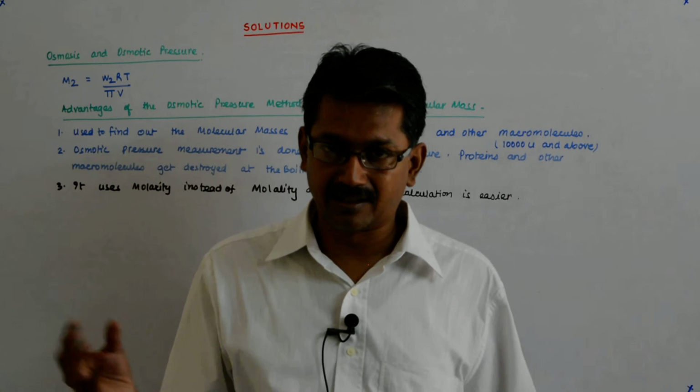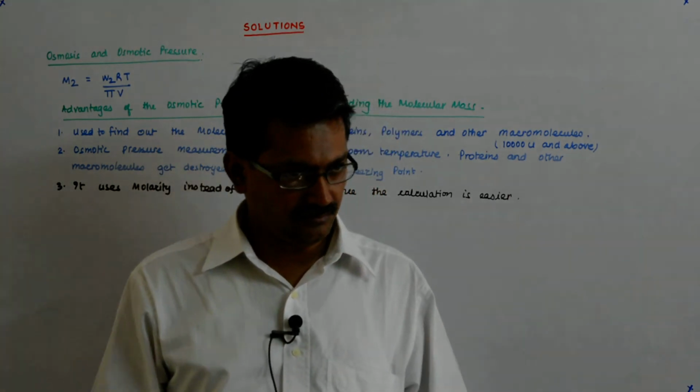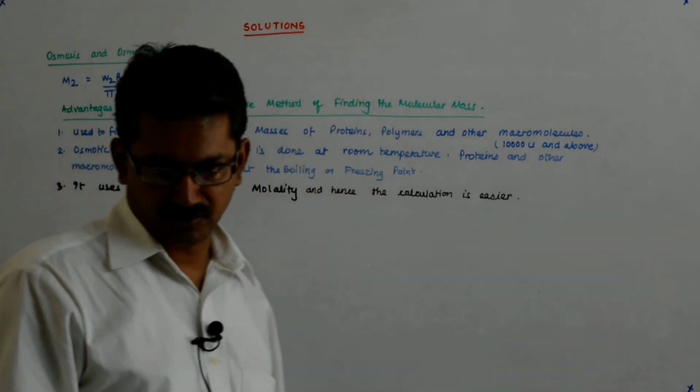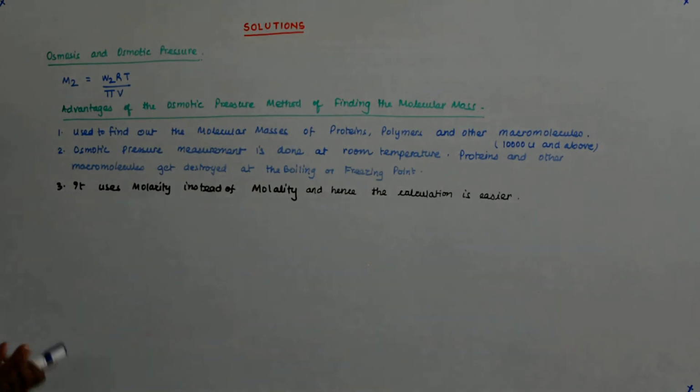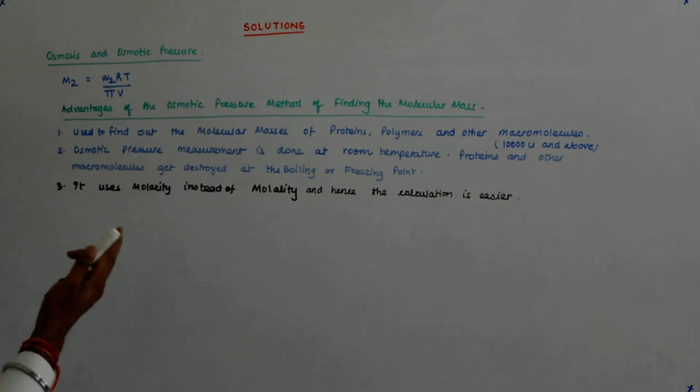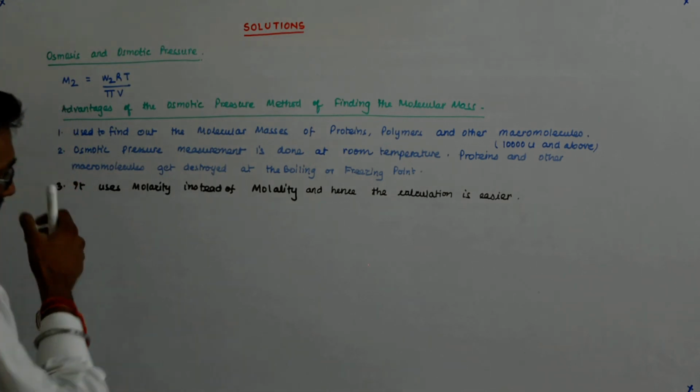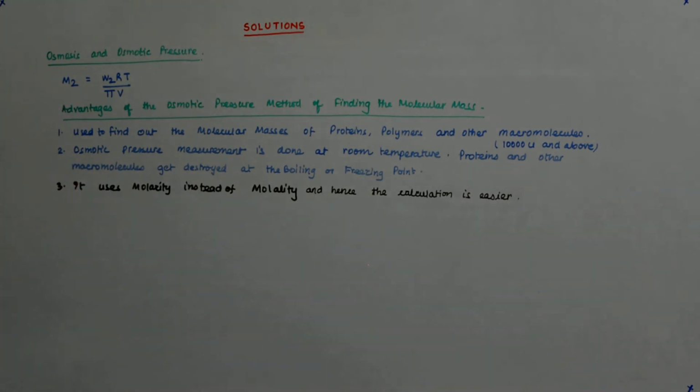It will destroy it. It will actually change the whole composition. And you have taken a sample and you have a limited amount of blood, so you have to manage with that.